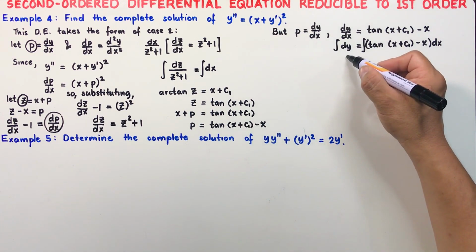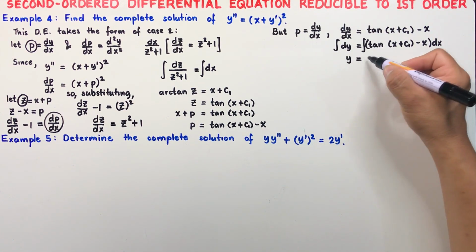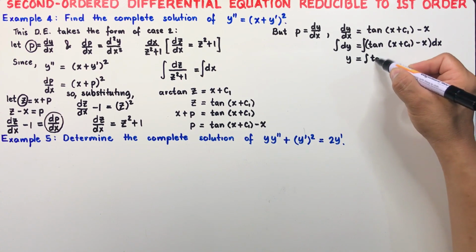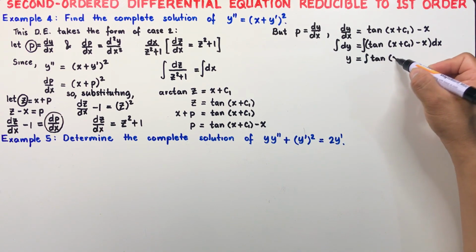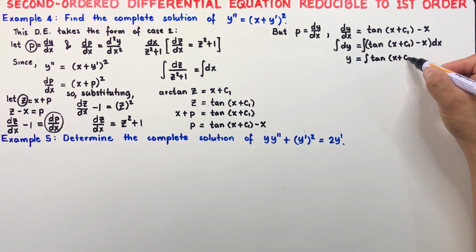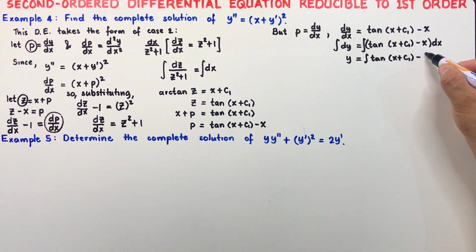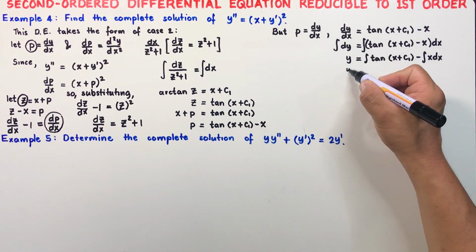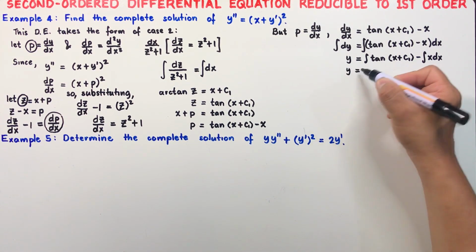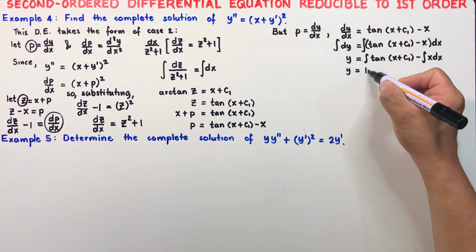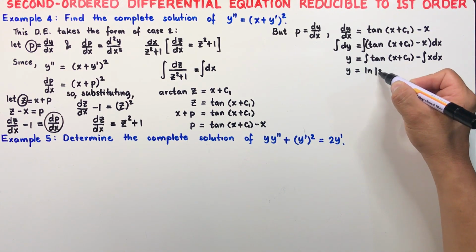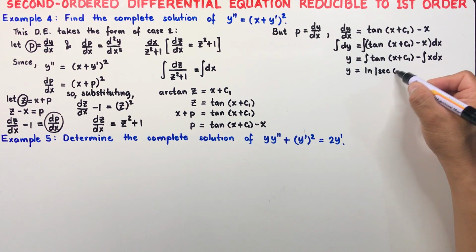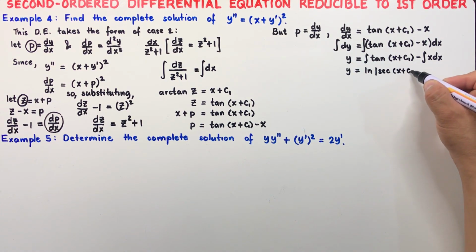So y is equal to the integral of the tangent of x plus c sub 1 minus the integral of x dx. And we know from your integral calculus that the integral of tangent is the natural log of the secant of x plus c sub 1 here.